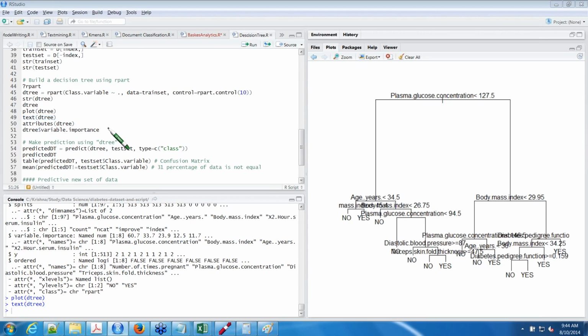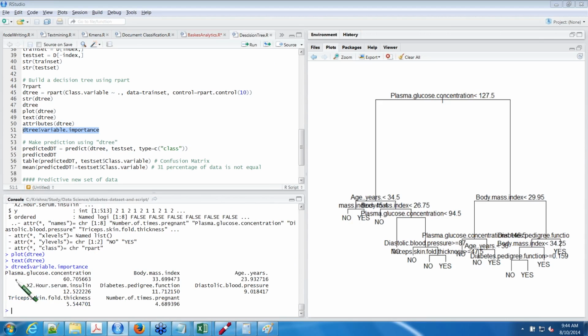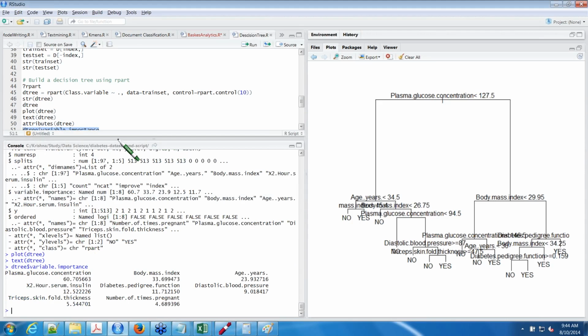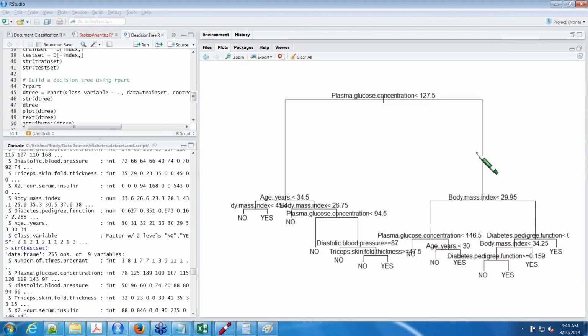Now, out of all these columns, which column has the majority of weightage to split upon? If you look here, plasma glucose concentration is 60, body mass is 33, and age is 23. So that is the reason this column has the highest weightage compared to other columns.